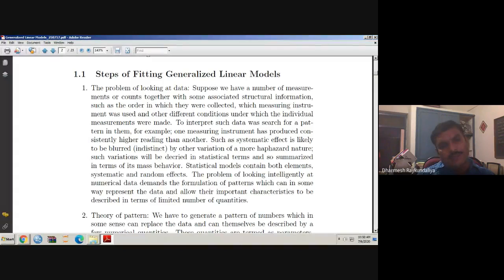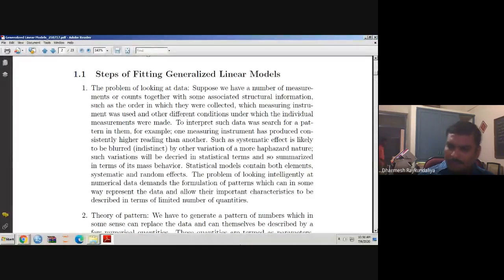Similar to classical linear regression models, a generalized linear model also has two parts. One is a fixed effect part and the second one is a random effect. So our basic idea is to get the maximum information about the fixed effect by minimizing the effect of the random part.